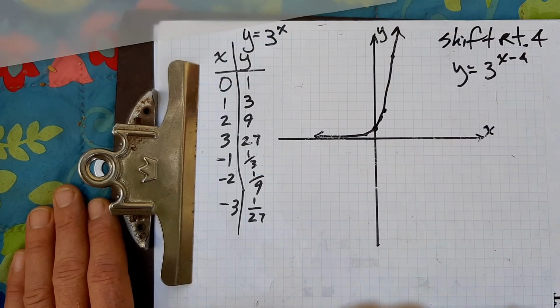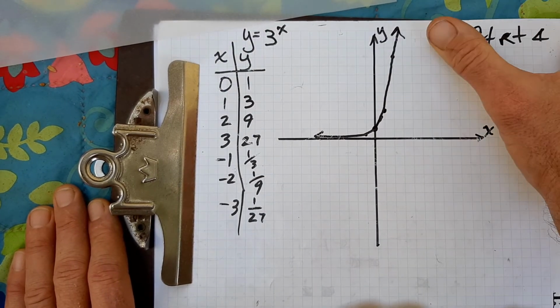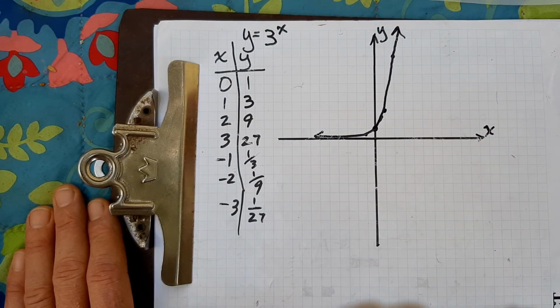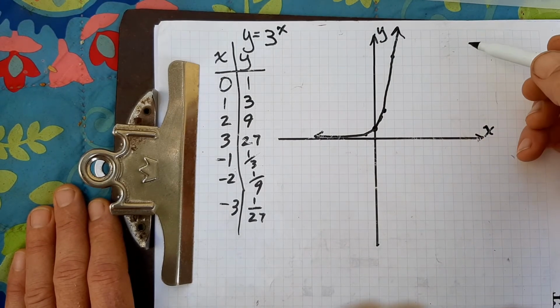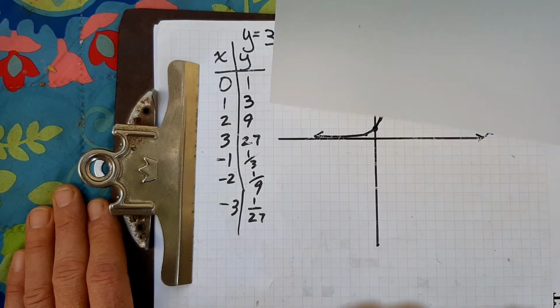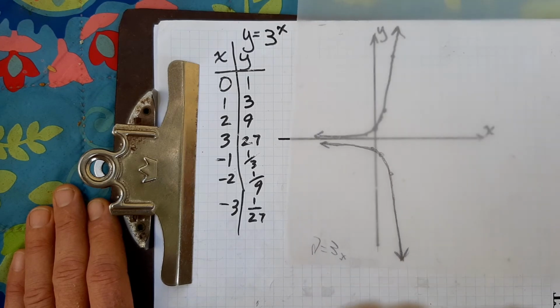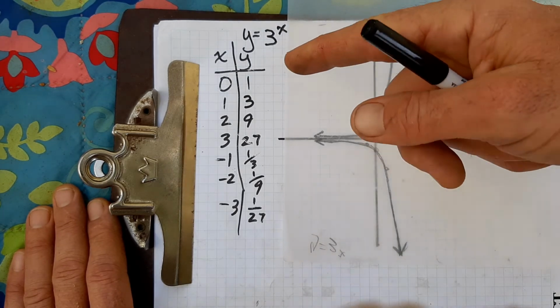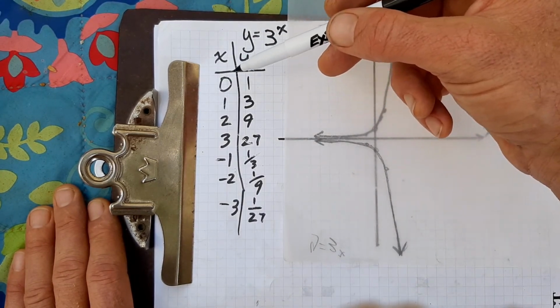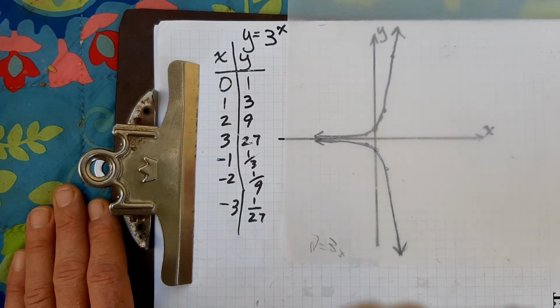Okay, let's talk about reflection. I really like the reflection part of it. So if I have y equals 3 to the x and I want to flip it, reflect it over the x-axis, boom, I'm reflecting every y coordinate. So the x coordinates stay the same, and instead of 0, 1, I want 0, negative 1, right?